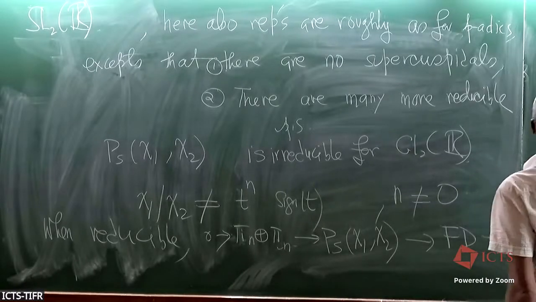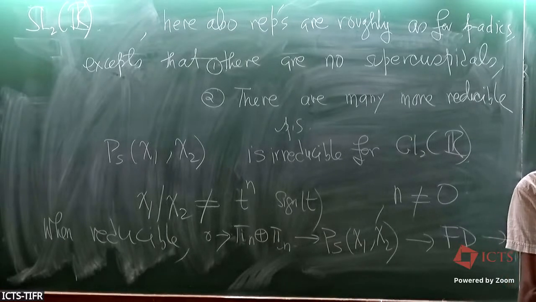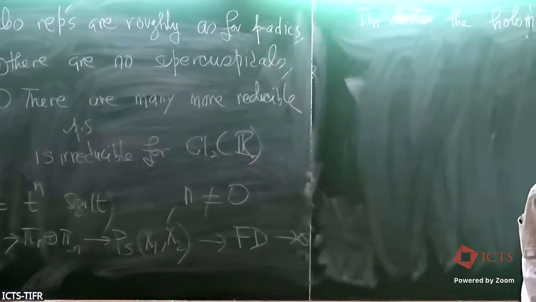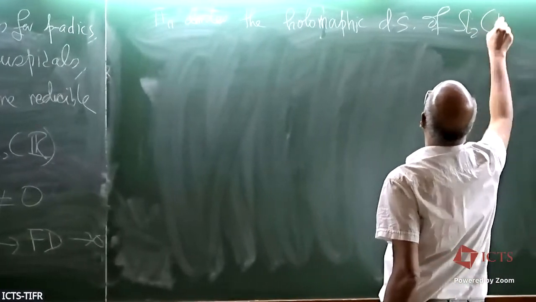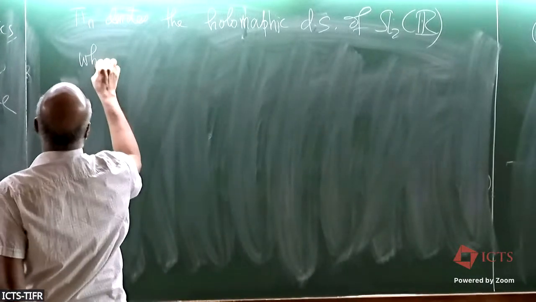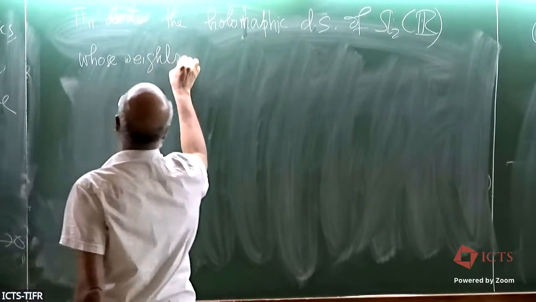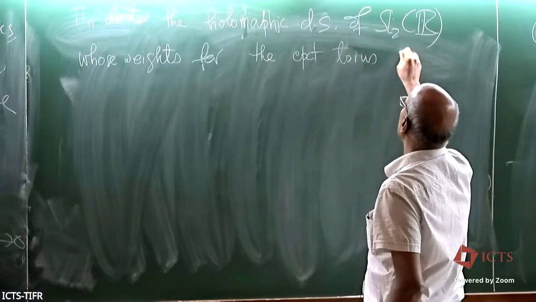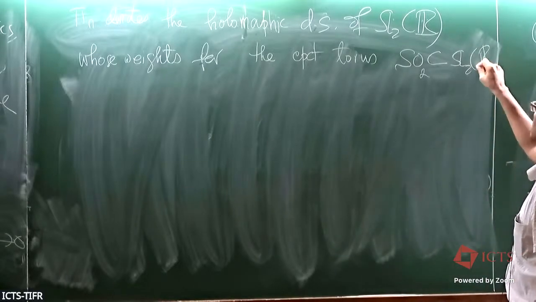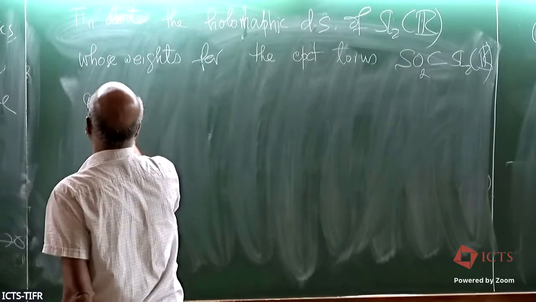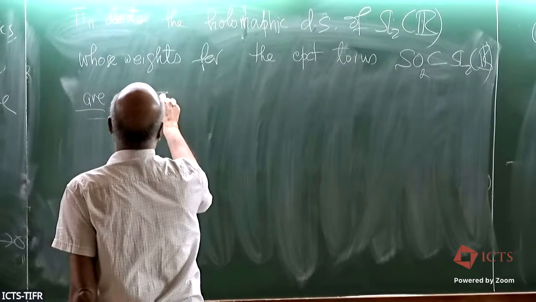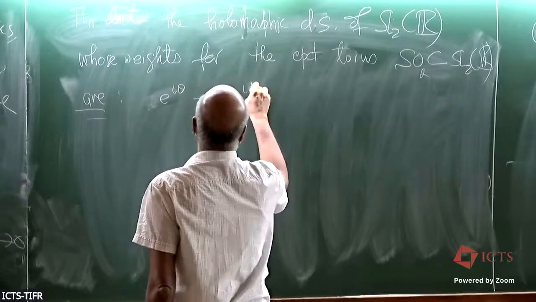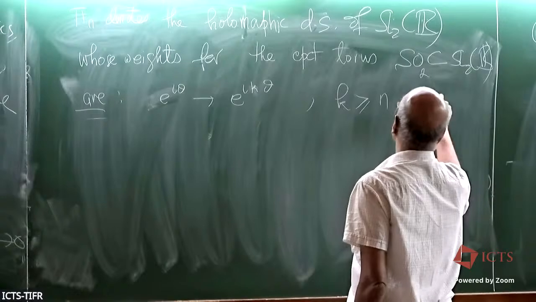So pi n denotes the holomorphic discrete series of SL2R whose weights for the compact torus SO2 sitting inside SL2R are e to the power i theta goes to e to the power i k theta, for k greater than or equal to n, k congruent to n mod 2.